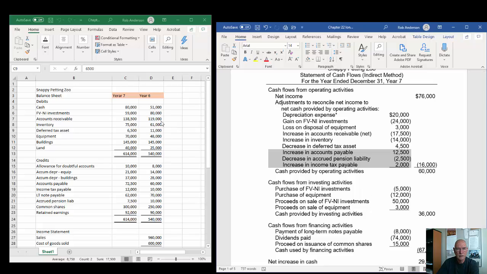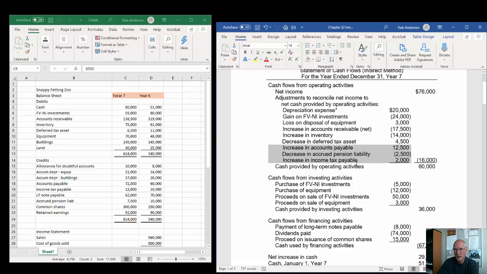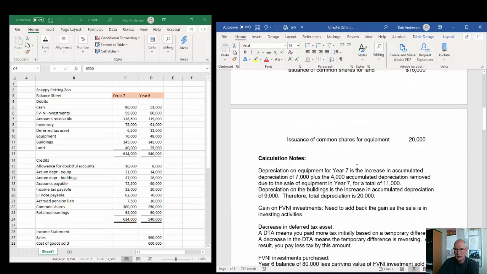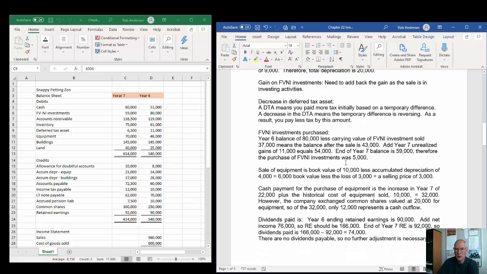So I'll leave this up on the one side of the screen, and let's just look at how we did that. So here's my note right here on fair value investments. Now, you'll notice that at the end of year 6, you had 80,000.